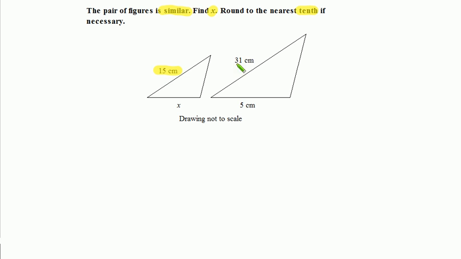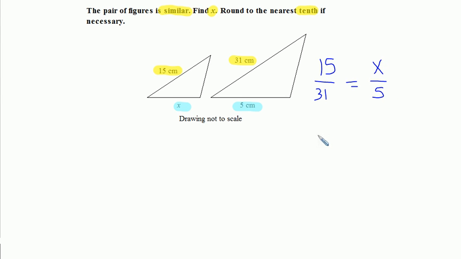That means the 15 and the 15, and the 31 are in proportion with the x and the 5. So notice I have top left over top left, and I have the bottoms paired up. So let's go ahead and set that proportion up. 15 over 31 has to equal x over 5.